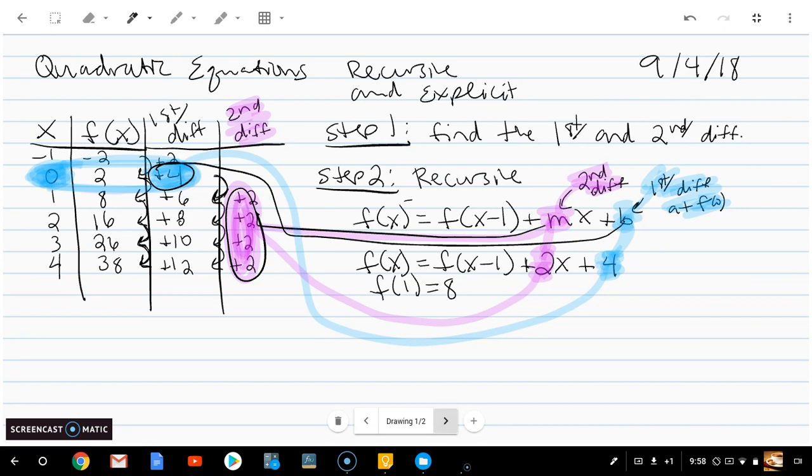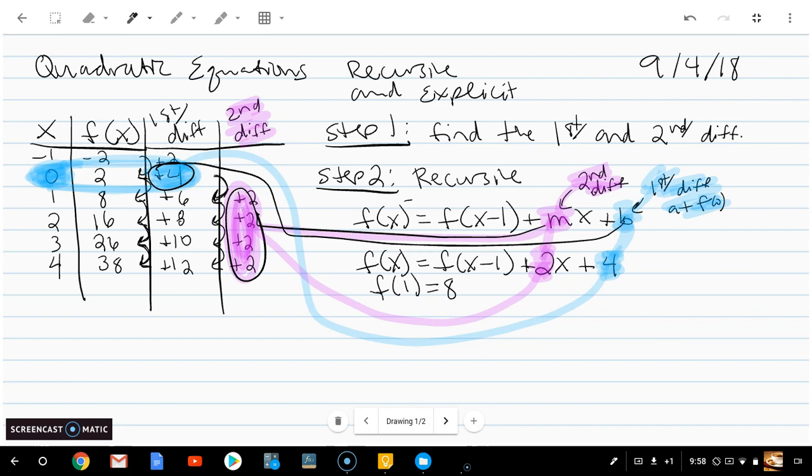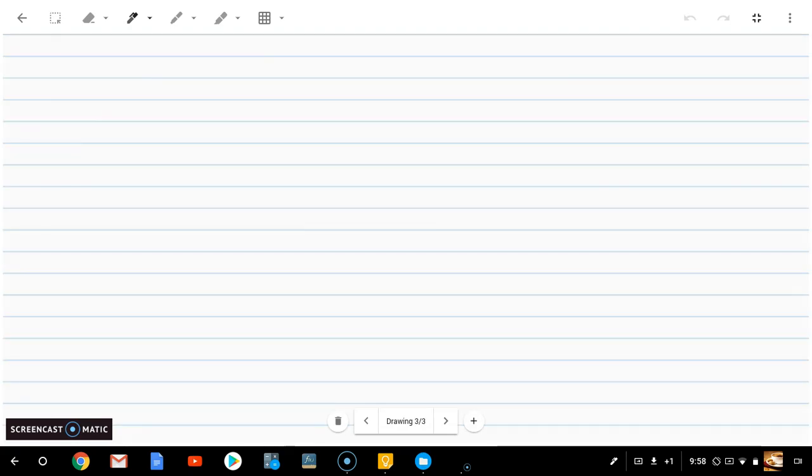Okay, so try that for the one that you have on this page. And then we're going to go back. I want to actually rewrite the table so I can write over it again. Oops, that was what we had before. I'm going to add a new note in, and I'm going to write the same table that I had before.